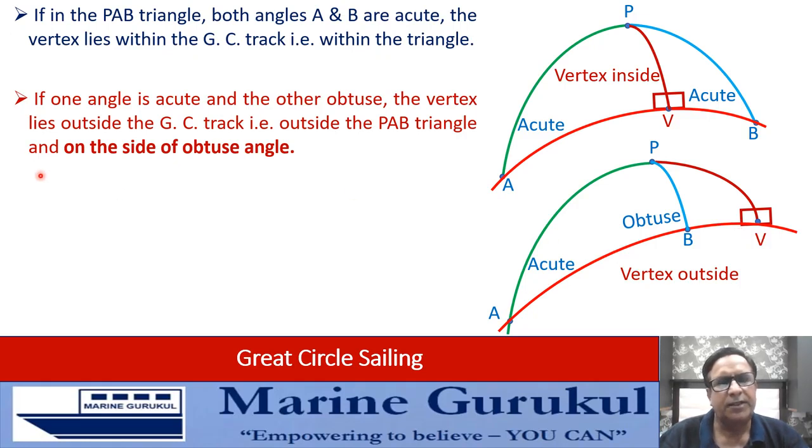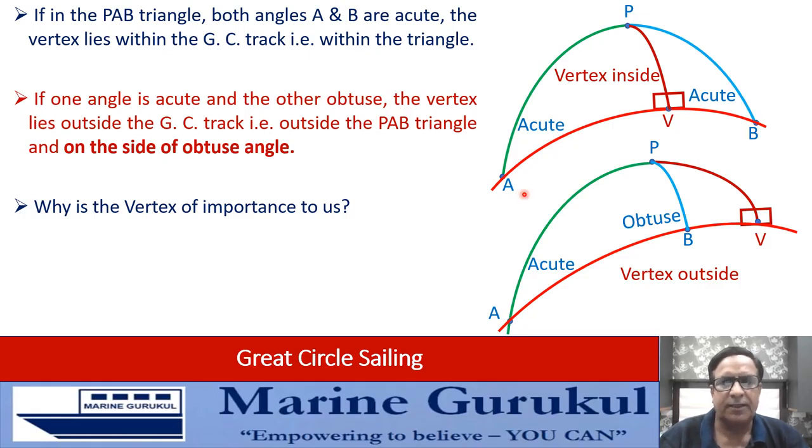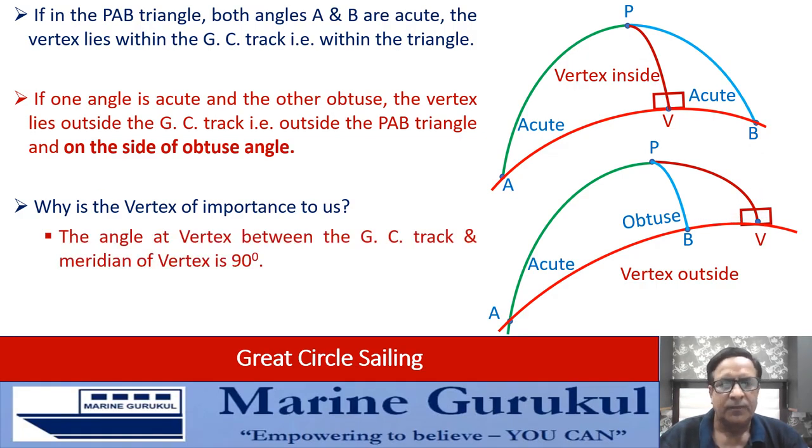Now, having identified whether the vertex lies inside the track or outside the track, what do we use it for? What is our interest in the vertex that we have discussed it for so long? The importance lies in the fact that the meridian of the vertex cuts the great circle at 90 degrees.